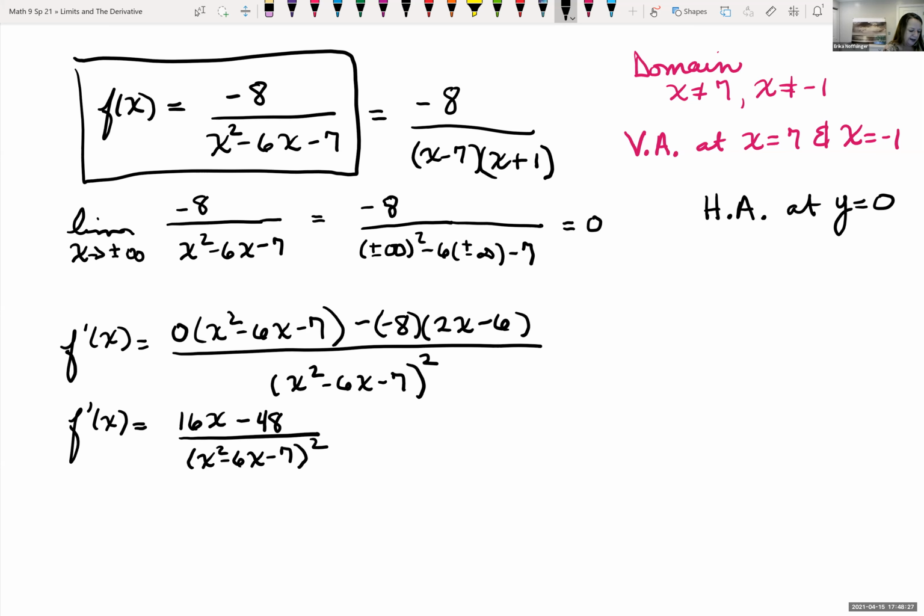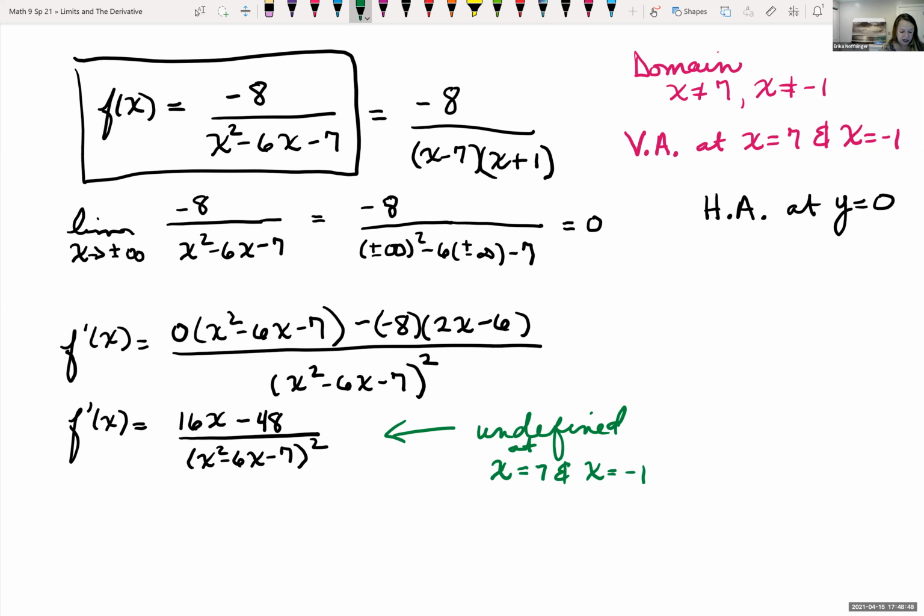Okay, so this is undefined in the same place where it was undefined before. If I factor that denominator, it's undefined where x is 7 and x is -1.